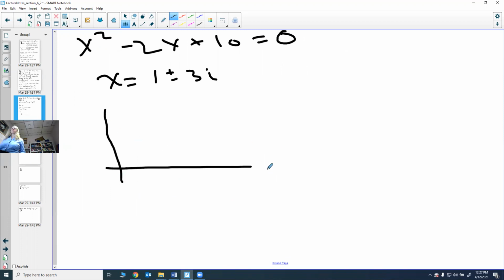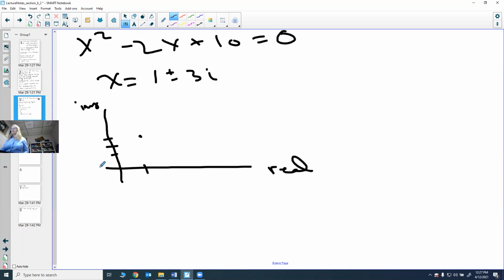If this is your real axis and the vertical axis is your imaginary, then we go up 3 in the imaginary and over 1 in the real, and we get a point. This is the point 1 plus 3i. We can also do 1 minus 3i.